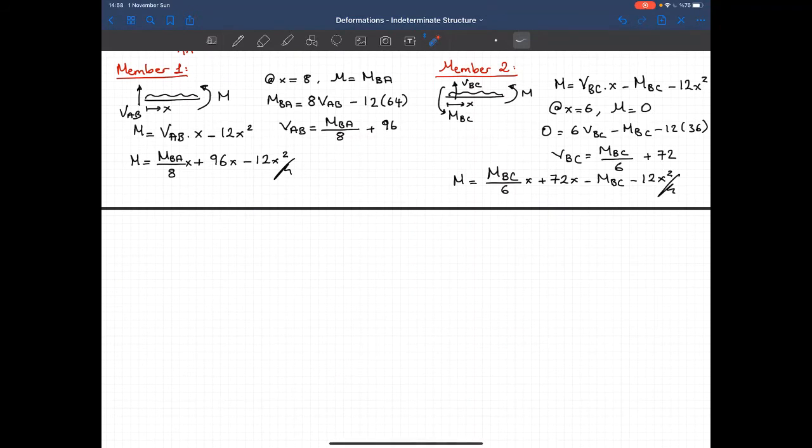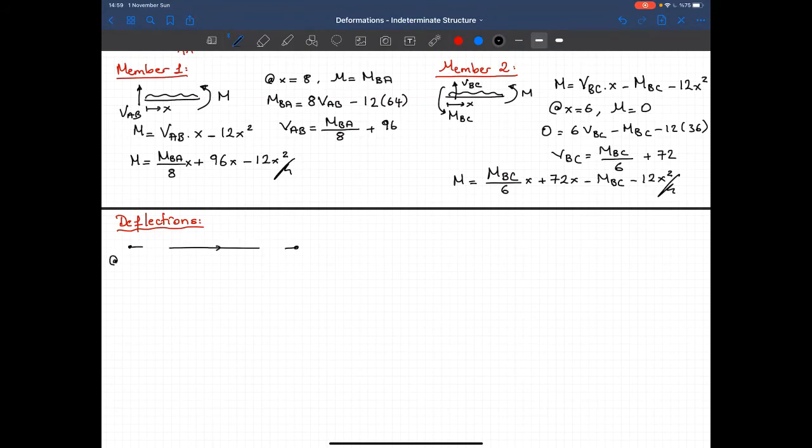Now we obtained the equations. Now let's calculate the deflections. So this is what I know about the deflections, right? Let's draw our classical figure.